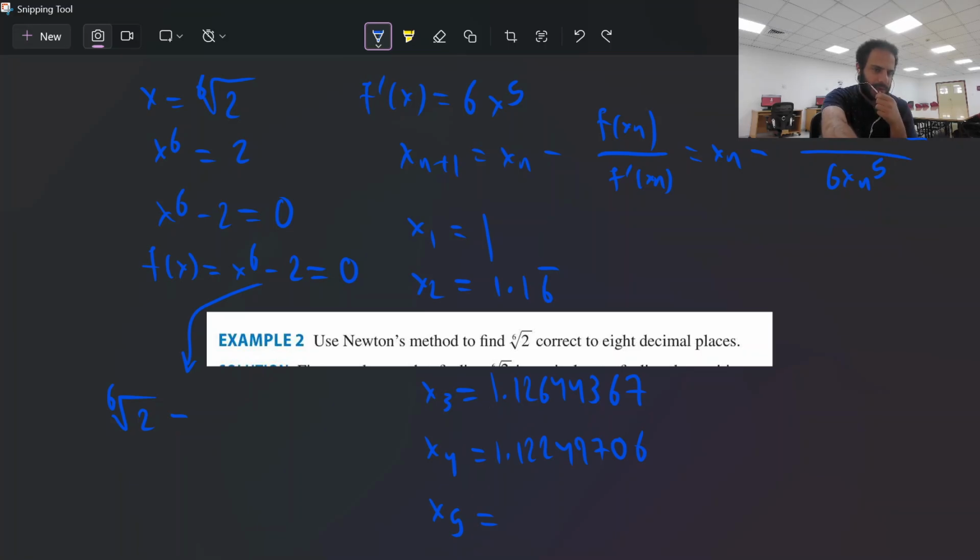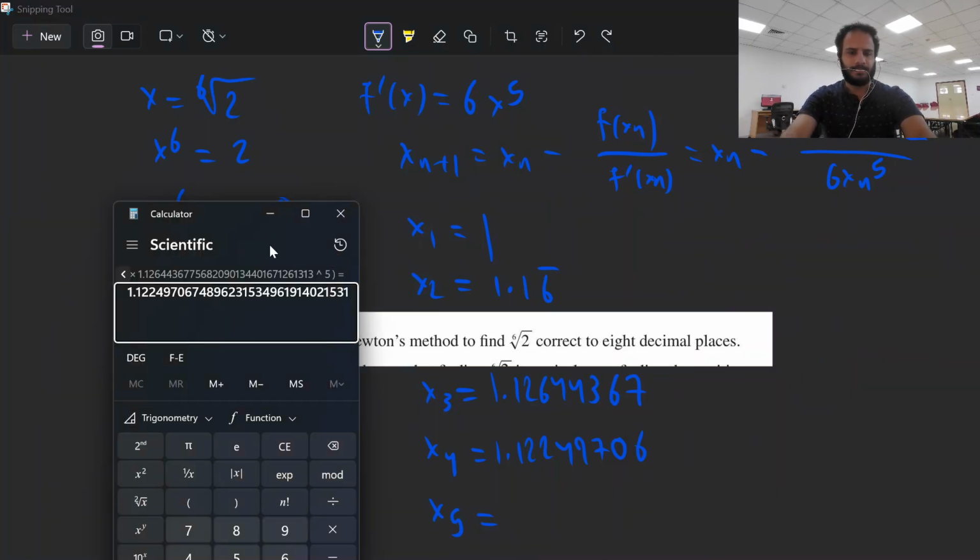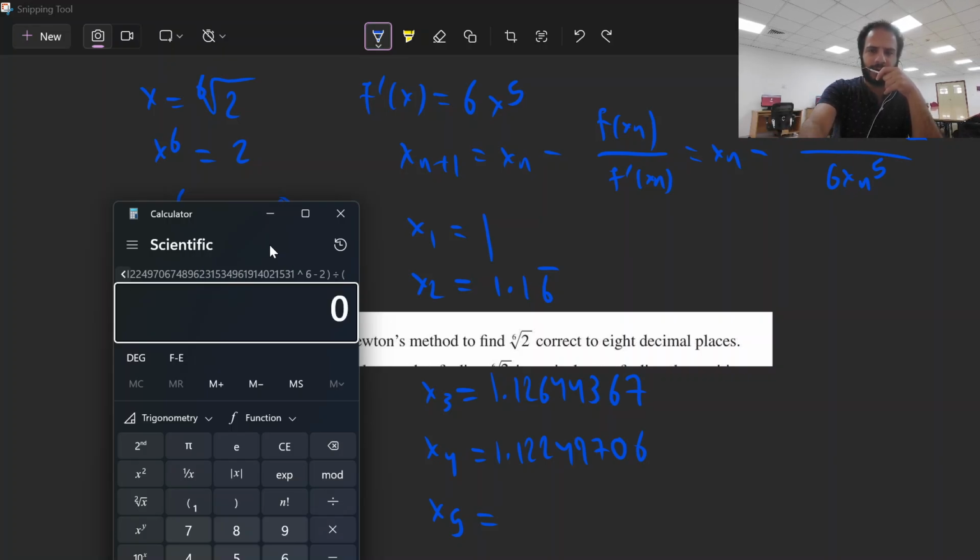So assume that you don't know how to find the sixth root using a calculator, okay? Just depend on Newton's method to practice. Now x5. So Control V minus, open parentheses now, Control V power 6 minus 2, close the parentheses, then divide by open parentheses, 6 times Control V power 5, close the parentheses, you get this.